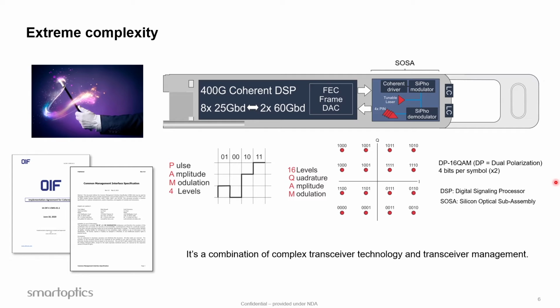This is something you have to keep in mind: in order to support the 400ZR optics you have to have a switch or router that supports the latest and greatest CMIS specification, because the coherent modules come with an add-on in order to set wavelengths and so on. But if it supports it, it's supposed to be completely agnostic to vendor. So all of the vendors should implement the functionality the same way.